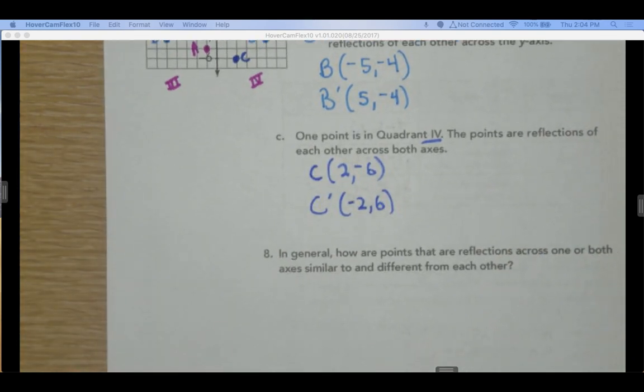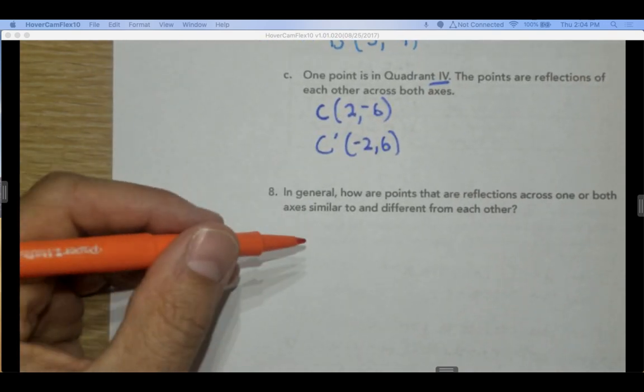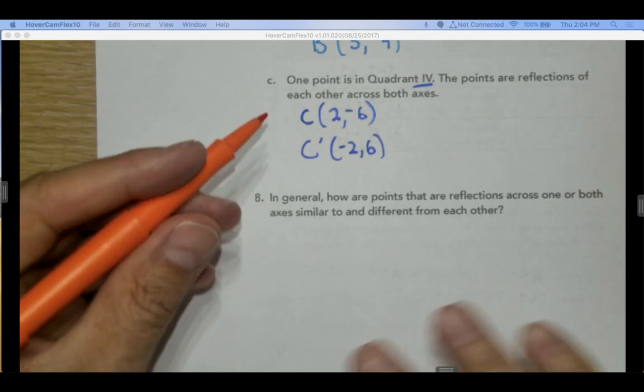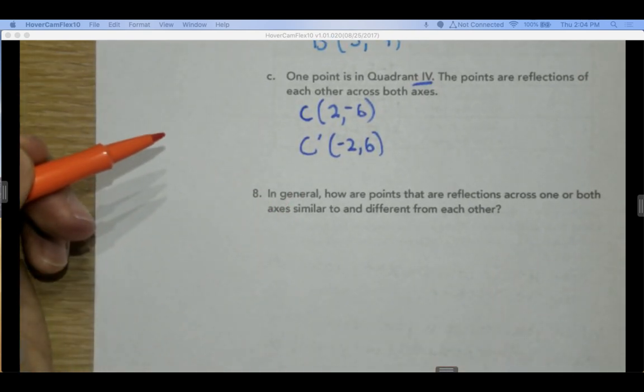In general, how are points that are reflections across one or both axes similar to and different from each other? Okay? So let me see here.